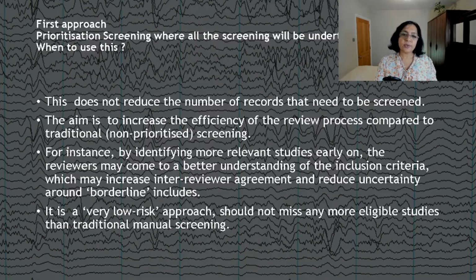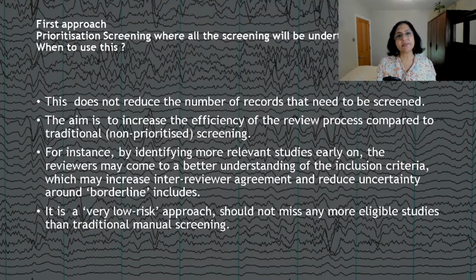For instance, if we identify the relevant studies early on in the review process, you will become more clear about the inclusion criteria and also have a better understanding. This increases the inter-reviewer agreement when you do the screening, and also it reduces the uncertainty around borderline includes.